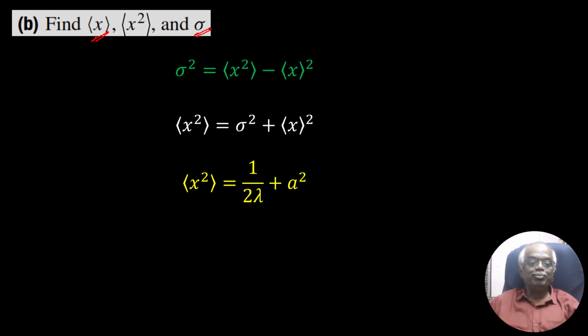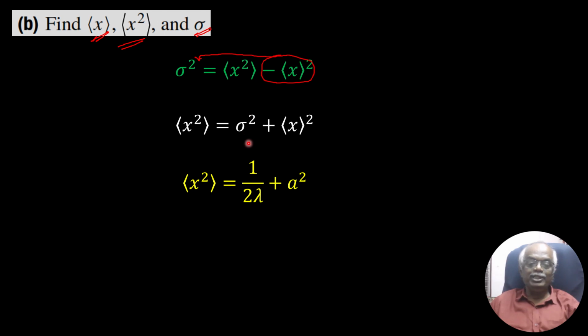So, only this part we have to find, the expectation value of x squared. Then you bring this to the other side. So the expectation value of x squared is equal to sigma squared plus the expectation value of x whole squared.